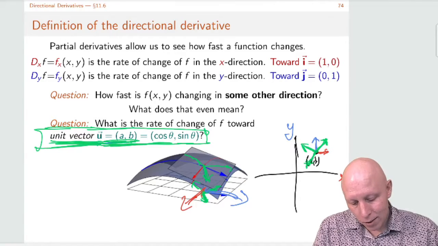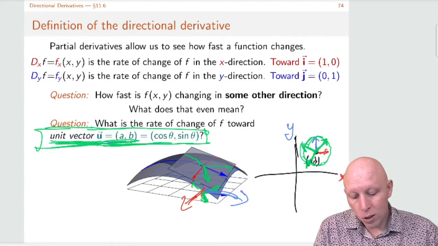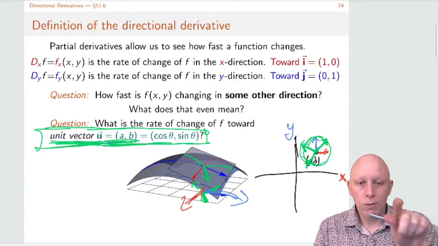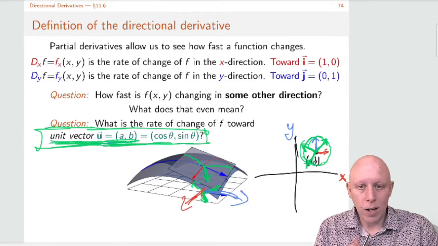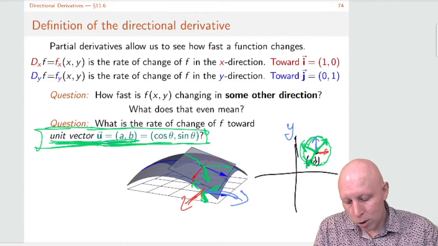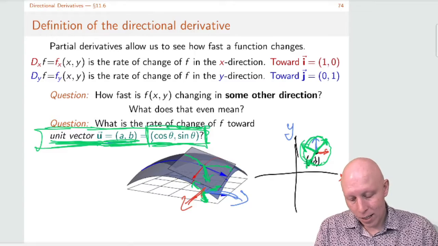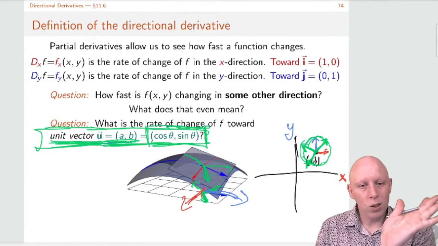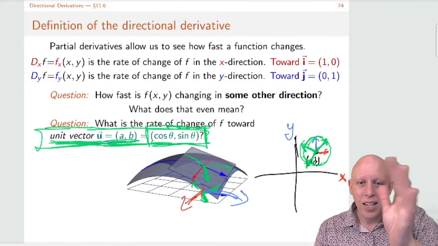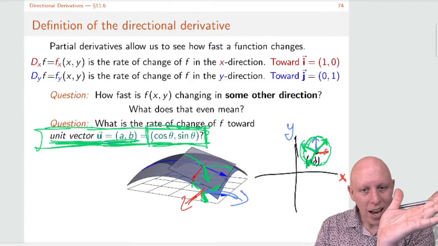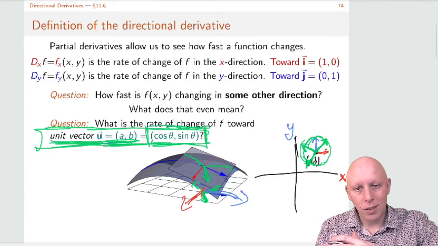Because it's a vector whose magnitude is 1, it lies on a circle of radius 1 around that point, which corresponds to really an angle, theta. Which direction are we walking in, as an angle from the positive x-axis.